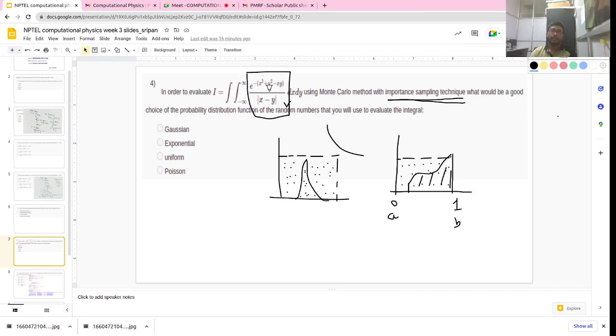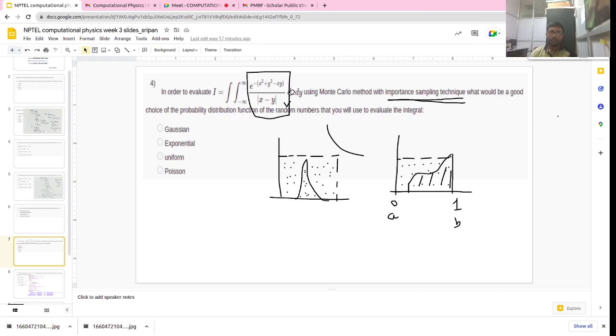So here you see this is your given integrand: exponential of minus (x square plus y square minus xy) by modulus of x minus y. Which of these probability distributions will be your correct choice? The Gaussian one. If you take the Gaussian one, you are going to divide this function by exponential minus (x square plus y square), and your integrand will be simplified from this form.